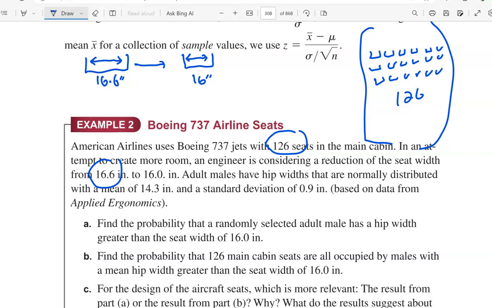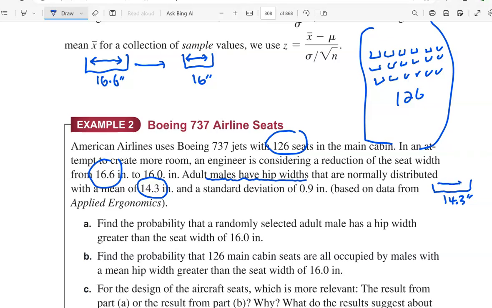Now, here comes the question. Adult males have hip width normally distributed with mean 14.3 inches. The normal adult male hip size is 14.3 inches.